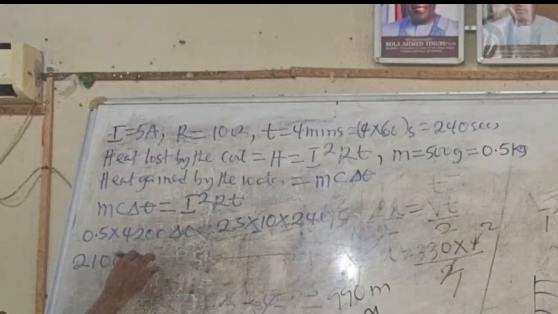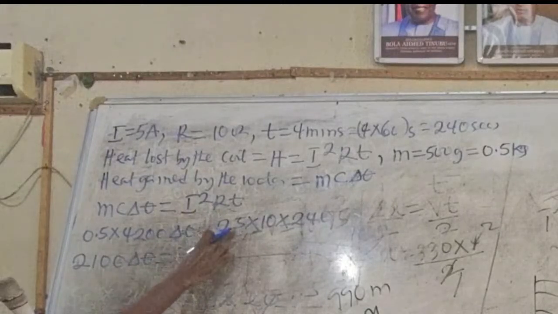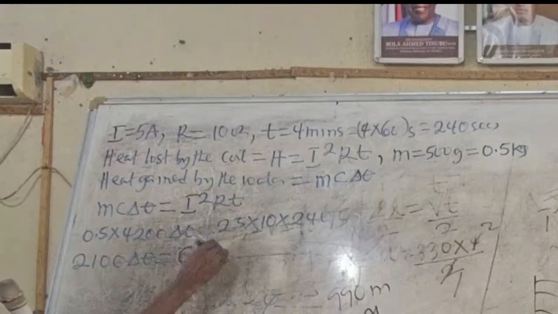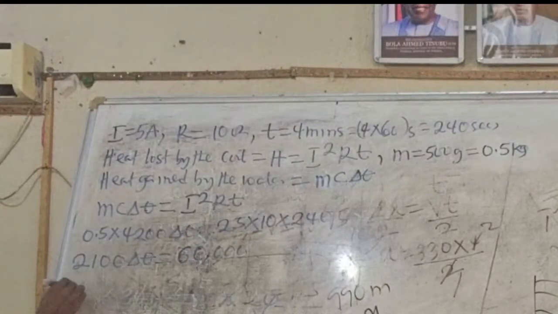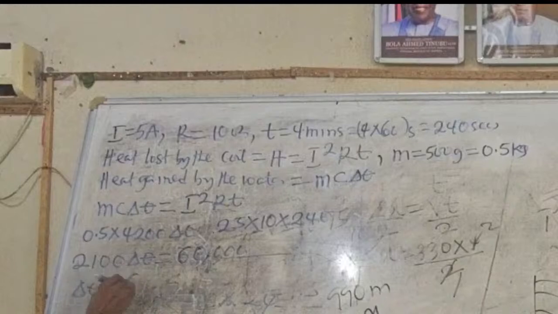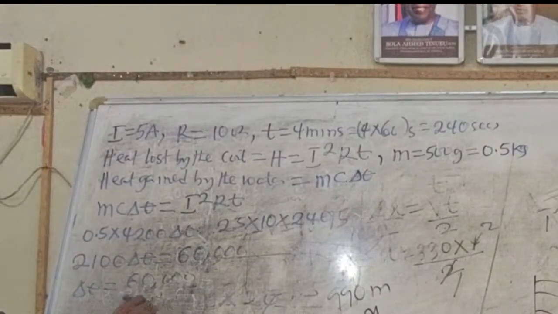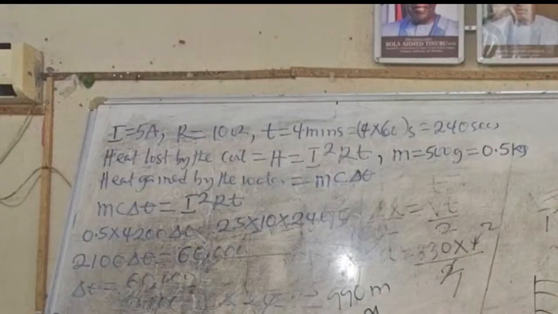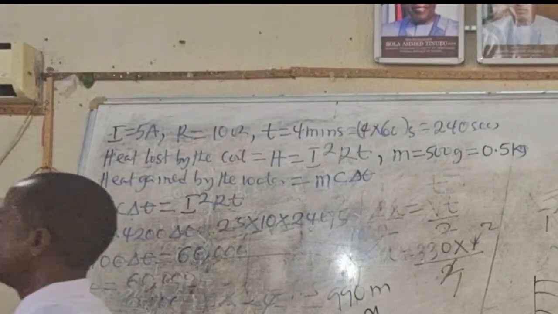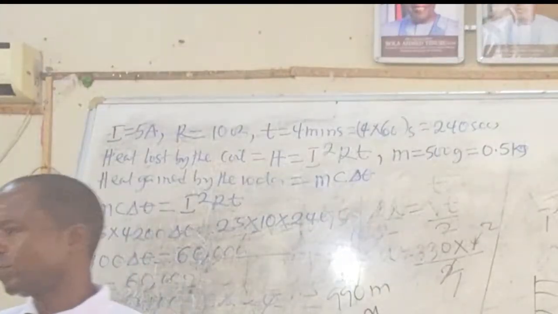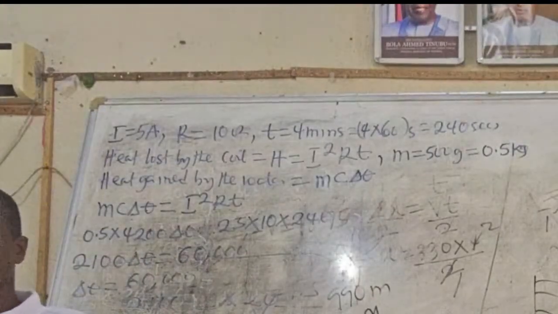Then delta theta is equal to, what is 25 times 10 times 240? 60,000. And then our delta theta will be 60,000 divided by 2,100, which gives us 28.57 degrees Celsius.